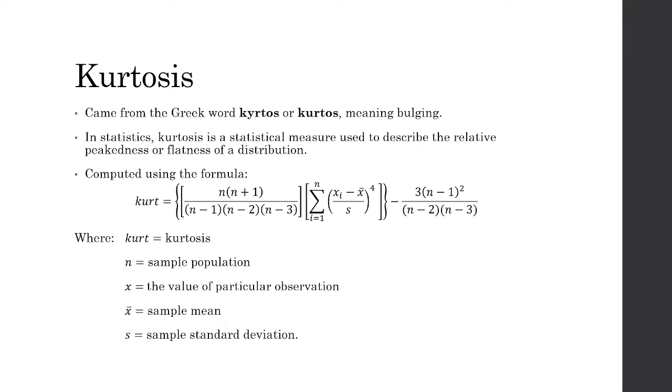Kurtosis is computed using this formula, as you may see here. We have this whole quantity using the sample size, or what we call the number of observations, and we have here the summation of the fourth power of our observation minus the mean divided by the standard deviation, minus this quantity using the sample size also.